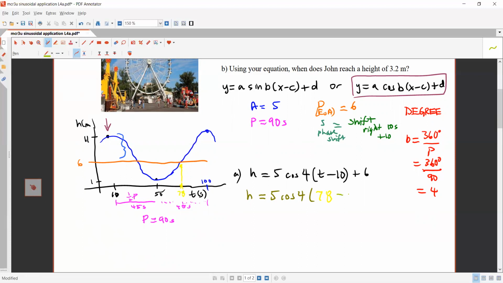Minus 10, plus 6. And you do this in order of operations. So 5 times cosine of 78 minus 10 is 68. 68 times 4 is 272. Let me just double check again.